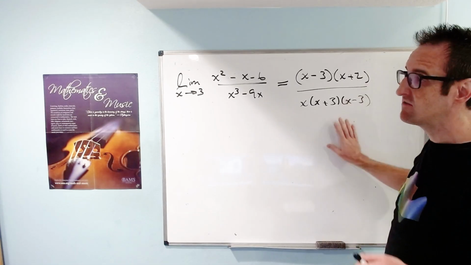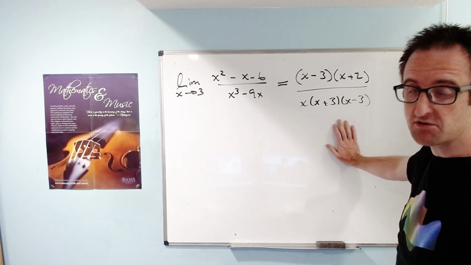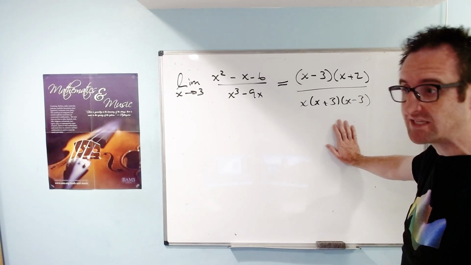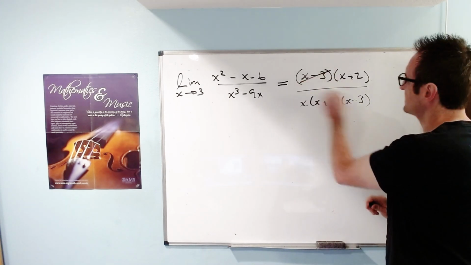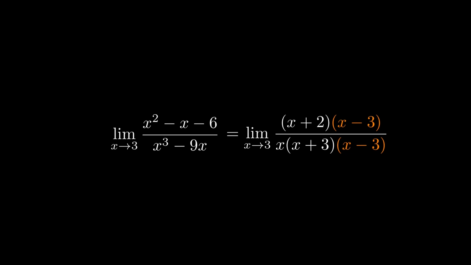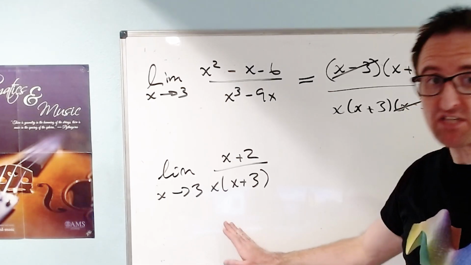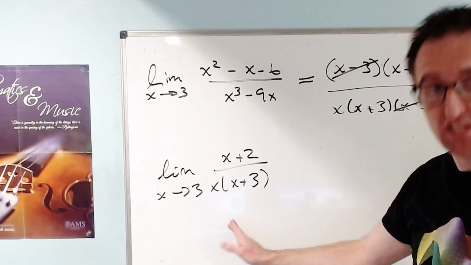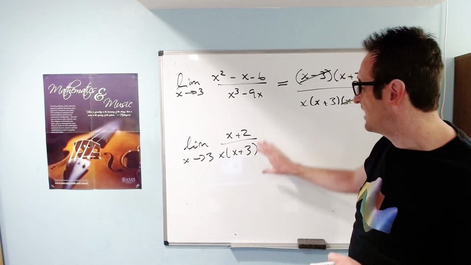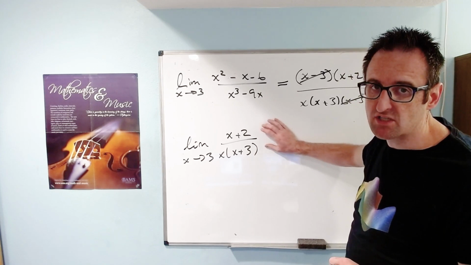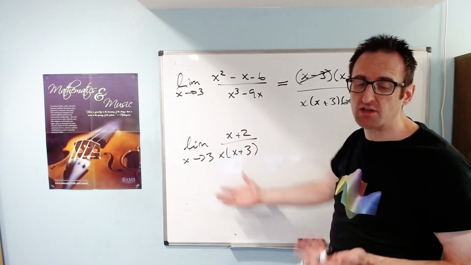So where this function with the x minus 3 factors in the top and the bottom goes to as x goes to 3 is the same place that the function without the x minus 3's will go to as x goes to 3. And so this becomes the limit as x goes to 3 of x plus 2 over the quantity x times x plus 3. Now for this function, it does turn out that this rational function is defined at x equals 3. Now that we have a scenario where we're not going to get a 0 over 0 anymore, we can use the limit laws to resolve this limit.